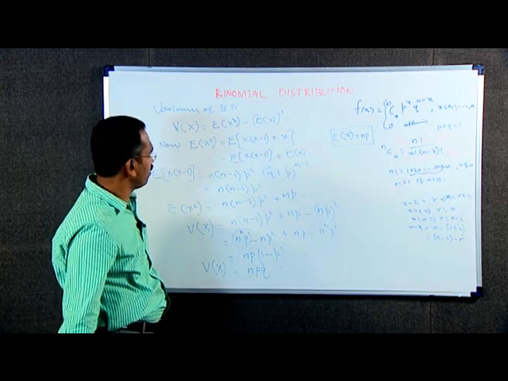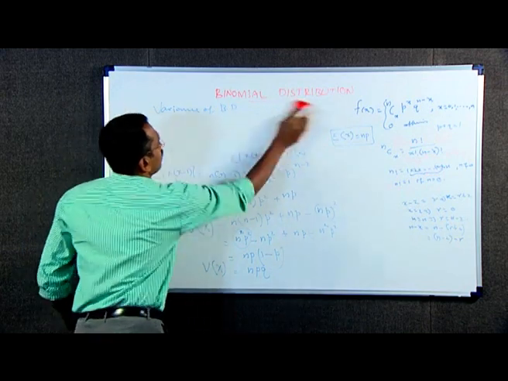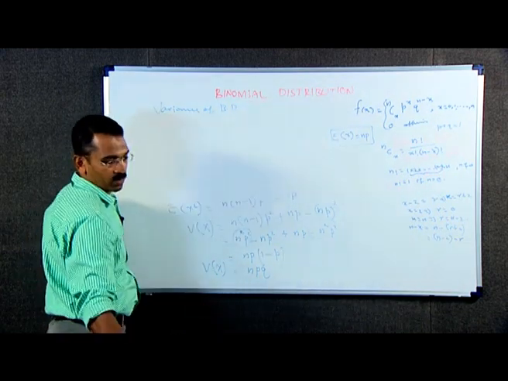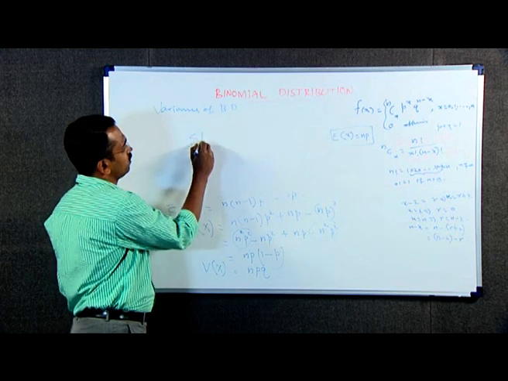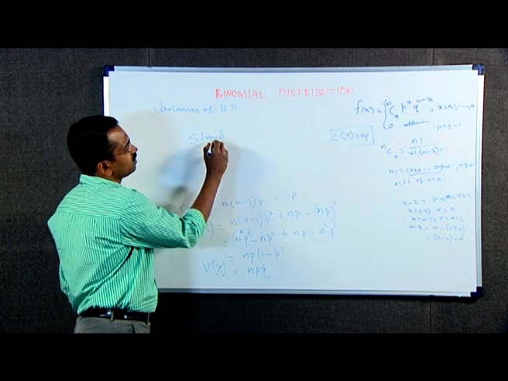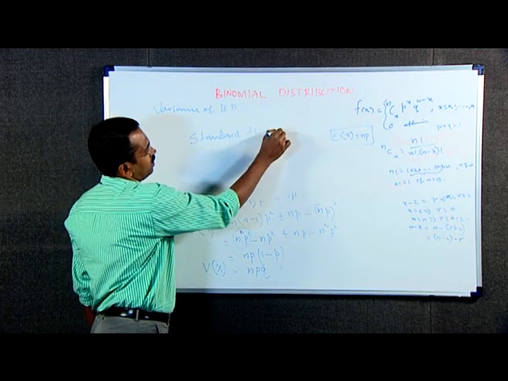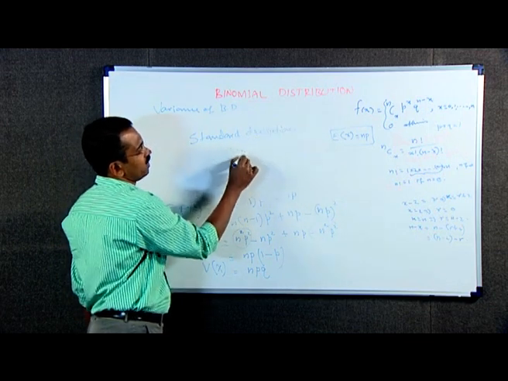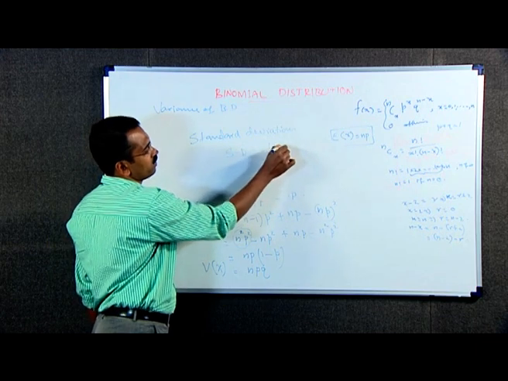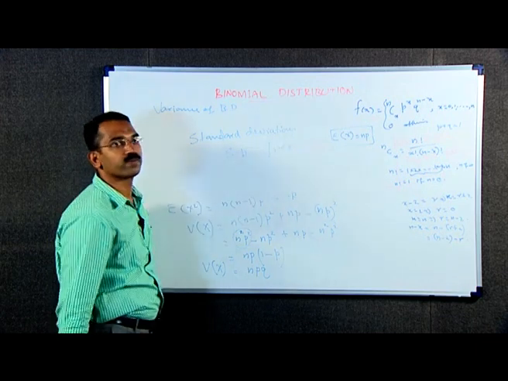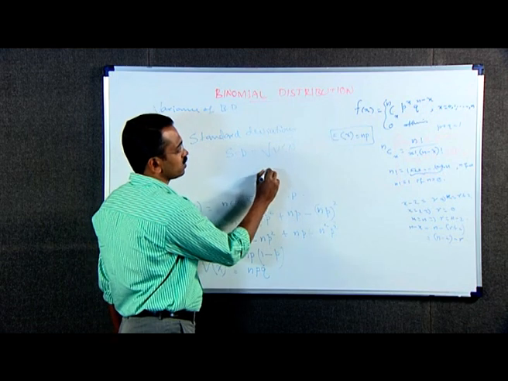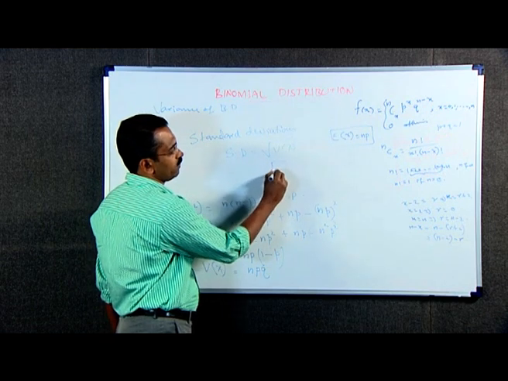Therefore, the standard deviation SD is the positive root of variance of x, which is equal to positive root of npq.